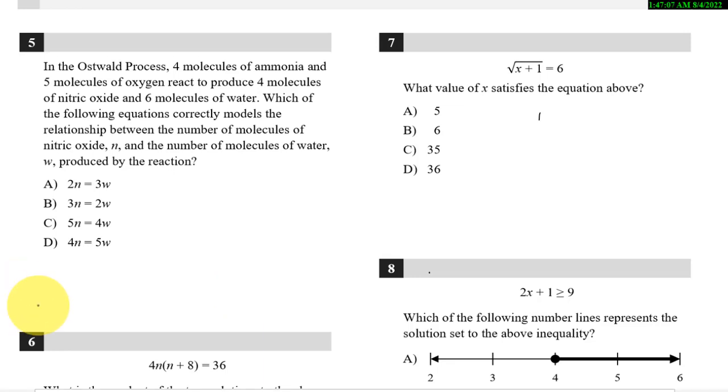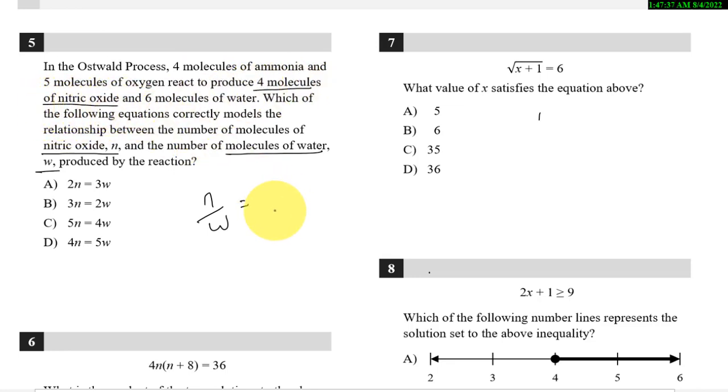So what we are interested in are the molecules of nitric oxide N and molecules of water W. Okay, so if I'm going to model a proportion of N to water, then I will say N over W is equal to the molecules of nitric oxide, not nitrogen.